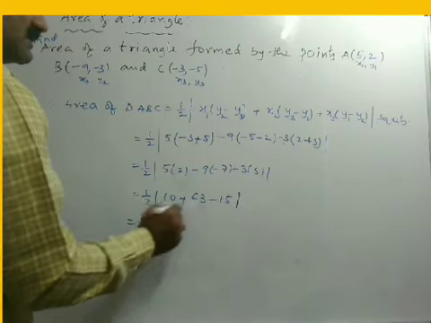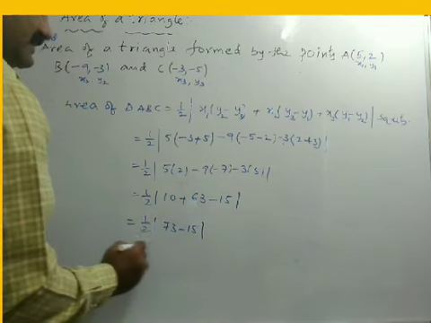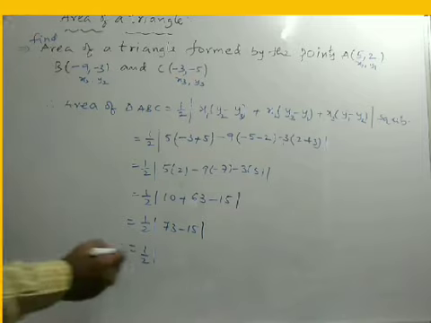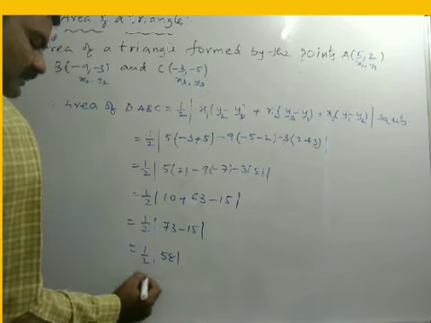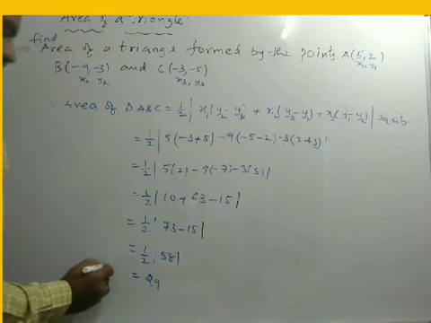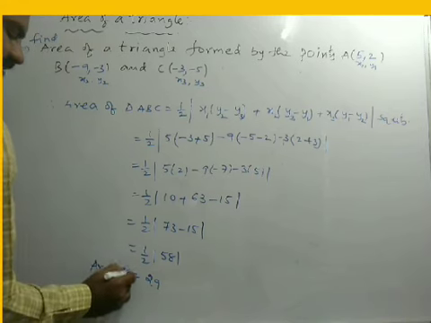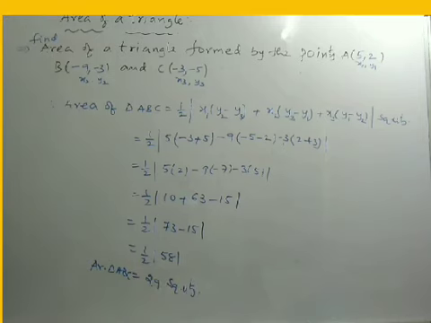Half modulus of, if you add the first 2, 73 minus 15, so half modulus of 58 which is equal to 29. Hence the area of triangle ABC is equal to 29 square units.